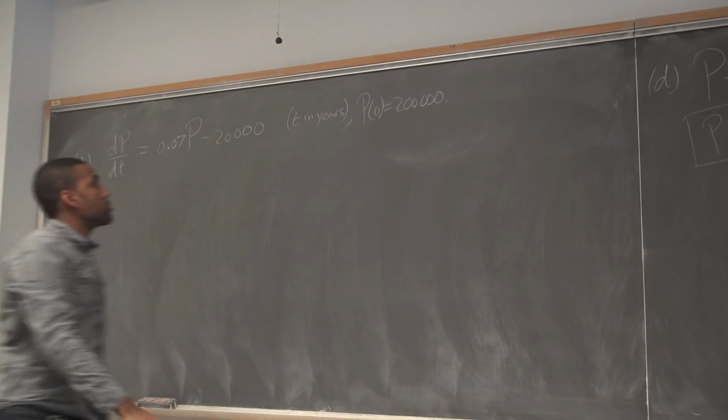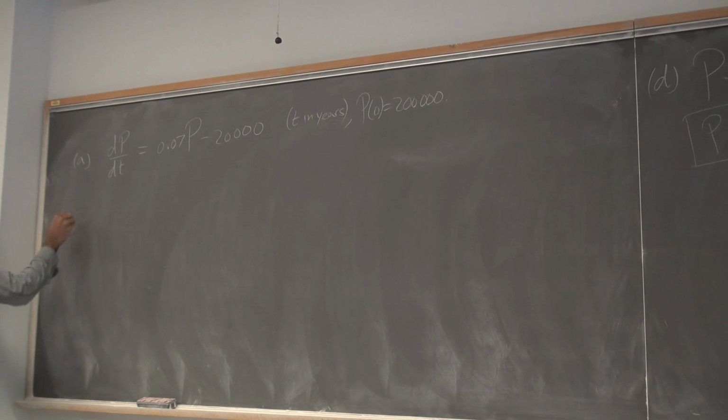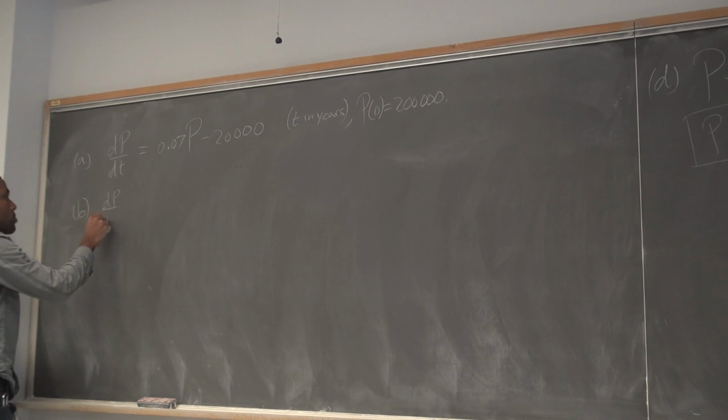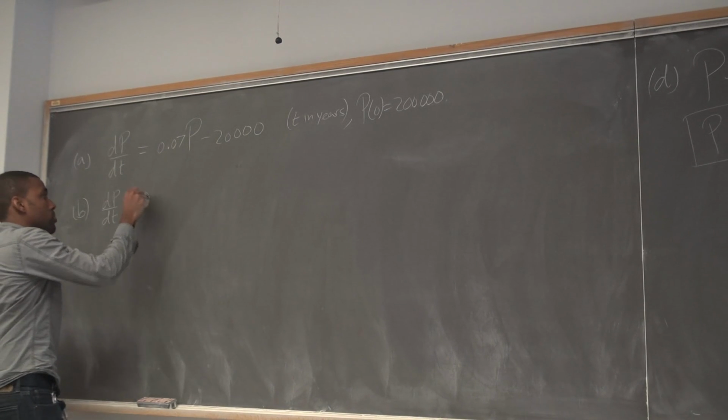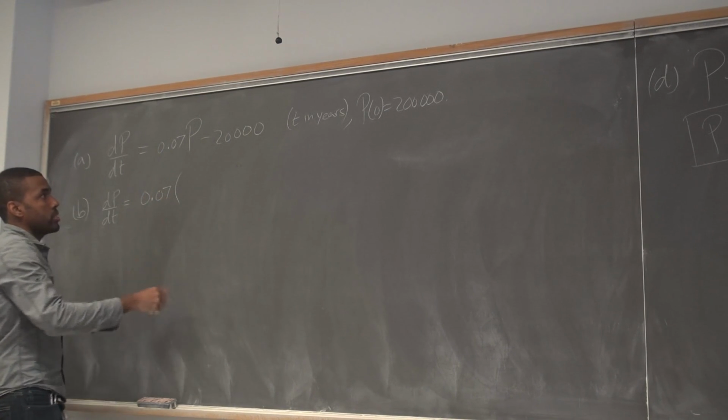That's correct. Okay, so now that brings us to part B. Have to take out 0.07 on both sides. It's highly recommended that you factor out the constant here before you move things to the other side.